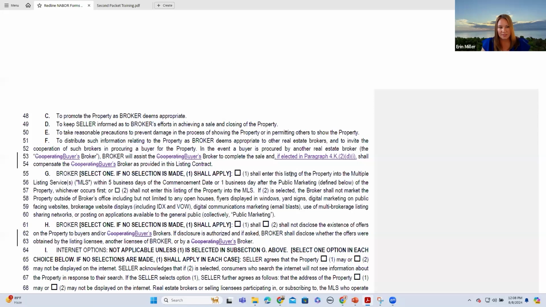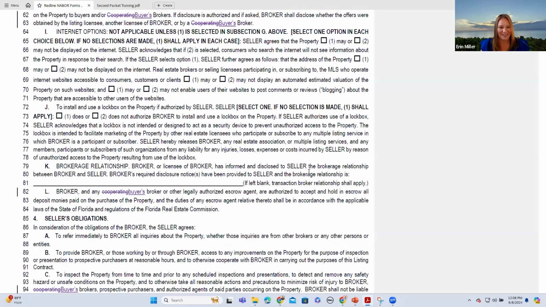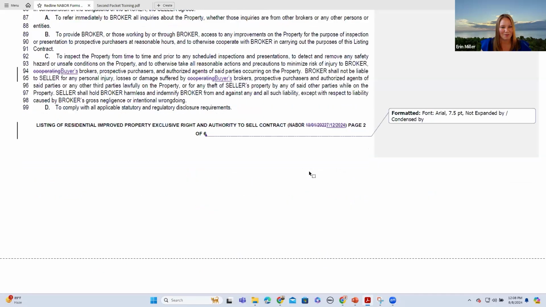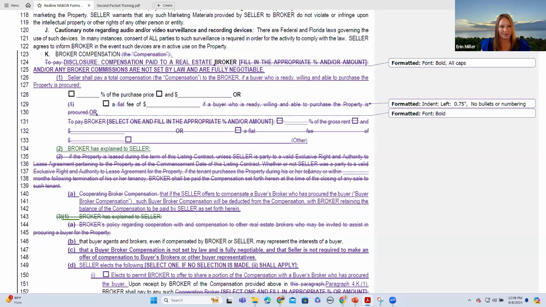The listing broker will assist the buyer's broker to complete the sale, and if elected in the compensation paragraph 4K2D1, will compensate the buyer's broker as provided in the listing contract. And we'll go down to paragraph 4K in just a moment. So again, throughout the form, we're removing cooperating and changing it to buyer's broker. It might take a little bit for us to adjust our lingo, but again, that has been on all of our forms updated.